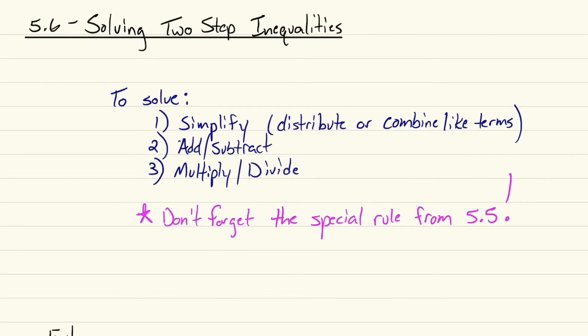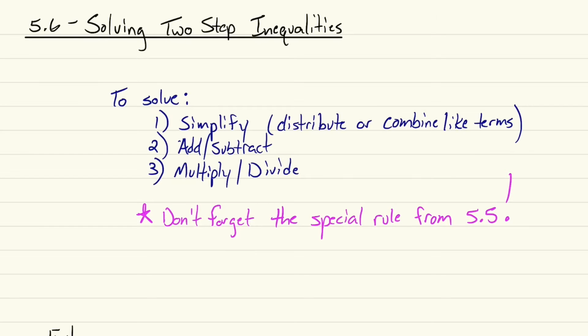But for these problems today, we do have 3 steps that we need to do to solve every two-step inequality. Step number 1, we want to simplify. We want to distribute, we want to combine like terms, we want to get things into simplest terms before we start trying to solve and get things to cancel out. After we've simplified everything, we're going to move on to adding or subtracting.